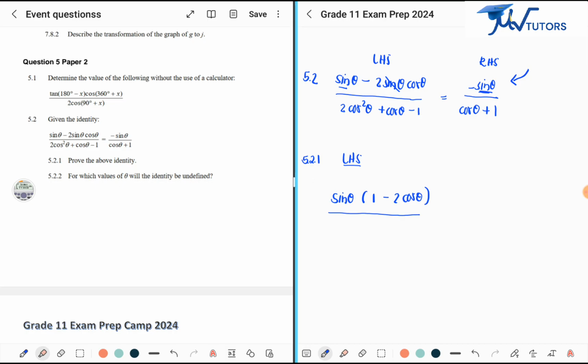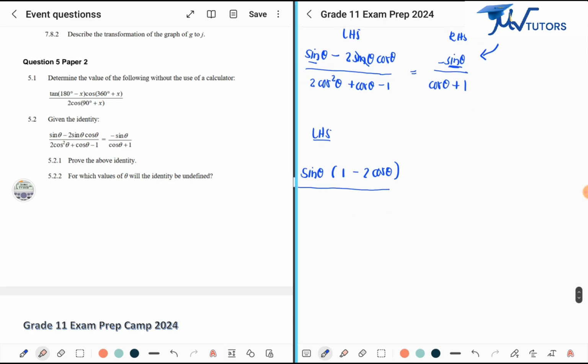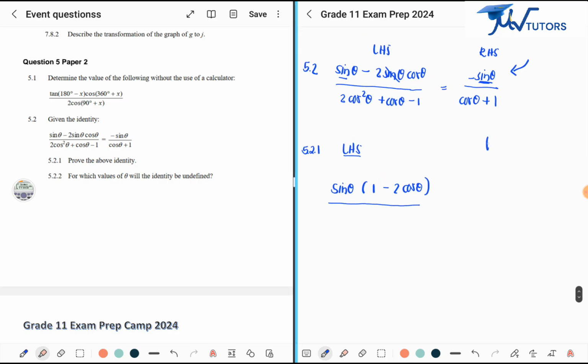I hope that you can see that this is actually a quadratic equation. Okay, let's just say let cos theta equal to x. If we did that, we would have 2x squared plus x minus 1. Is it easy to see it that way? If you cannot see it through your trigonometric expressions, please use x, use y.